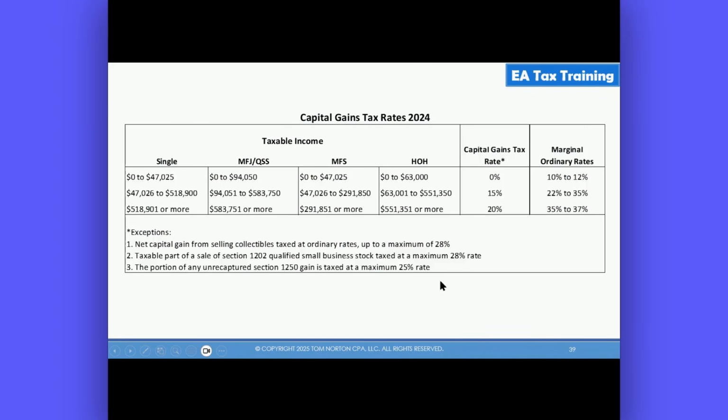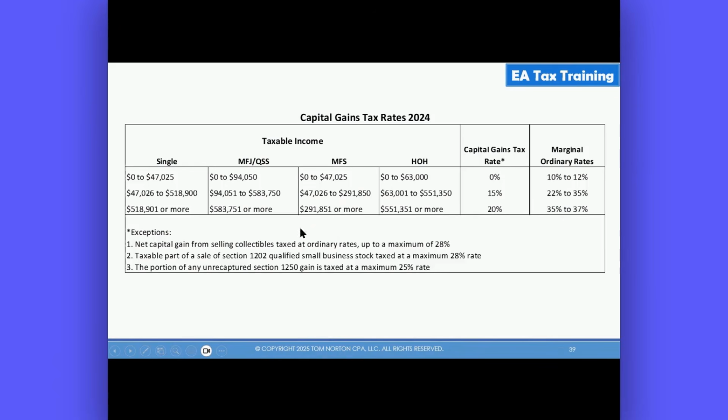And notice how much money they can actually save. They can save anywhere from 10% all the way to 20%, depending on where they fall here. So it is a big savings in tax. So this is why taxpayers like to have long-term capital gains, is because it is taxed 10 to 20% less than ordinary income tax rates.